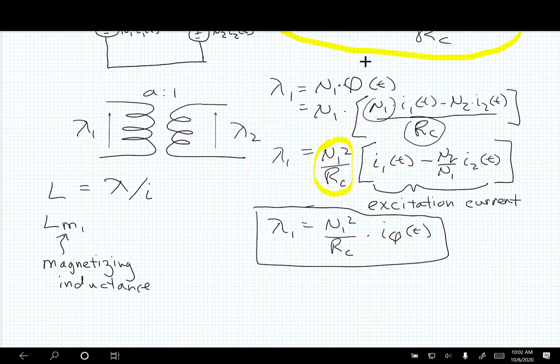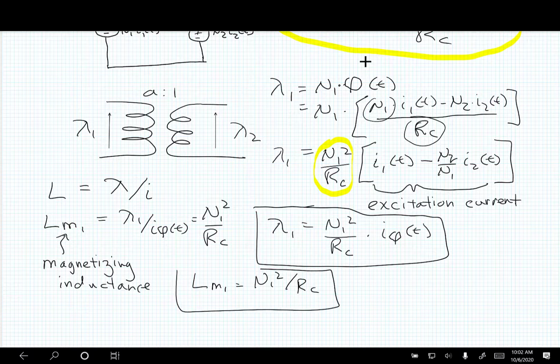Lm, and I'll just put a little subscript 1 to say this is the magnetizing inductance looking in from the primary side, is equal to lambda 1 divided by the excitation current, which is simply N1 squared over the reluctance of the core. So we have Lm1 equals N1 squared over core reluctance.